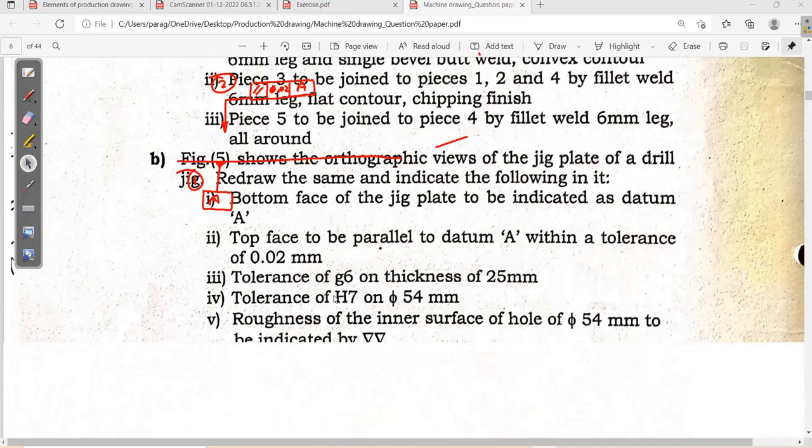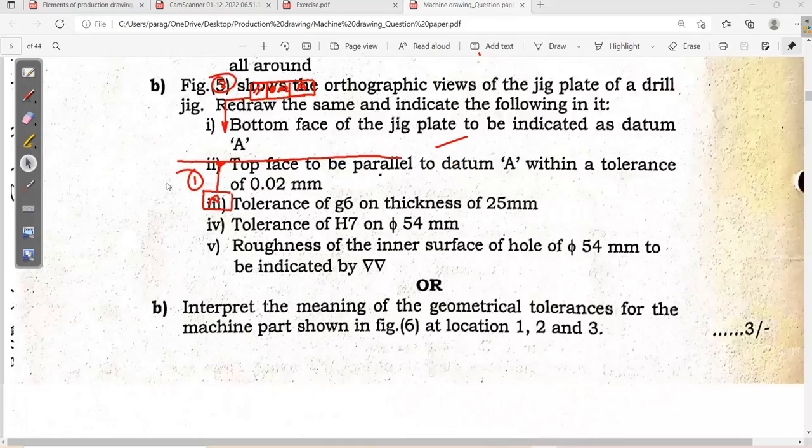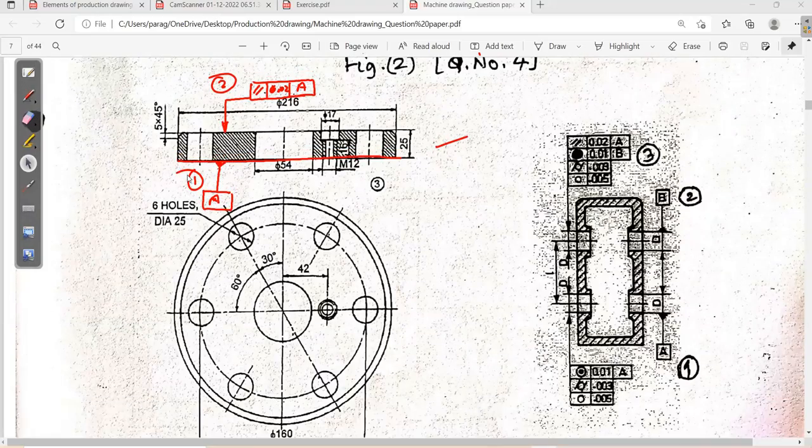Okay, next then, tolerance G6 on a thickness 25. So the thickness value has the tolerance G6. So how should you write this? Whenever they ask such a question, you have to draw the full diagram again, and on that diagram you have to show this symbol, not directly the symbols.